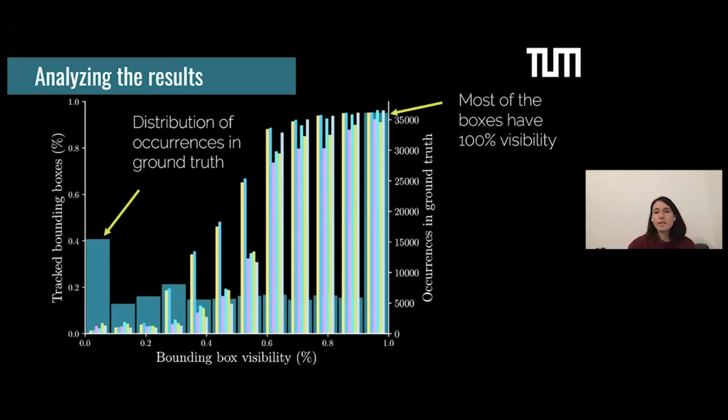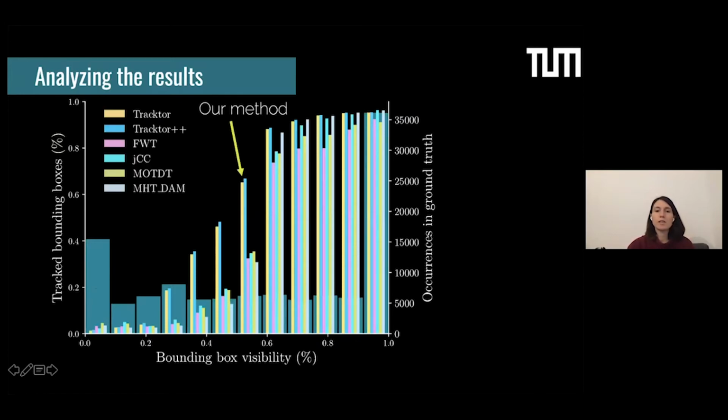And in fact, if we take the trackers in this scenario where we have 100% visibility, we see that most of the trackers are performing really well. The percentage of tracked bounding boxes, which is what we plot here on the y-axis, is almost 100% for almost all trackers, which means that for these easy cases, everyone does well.